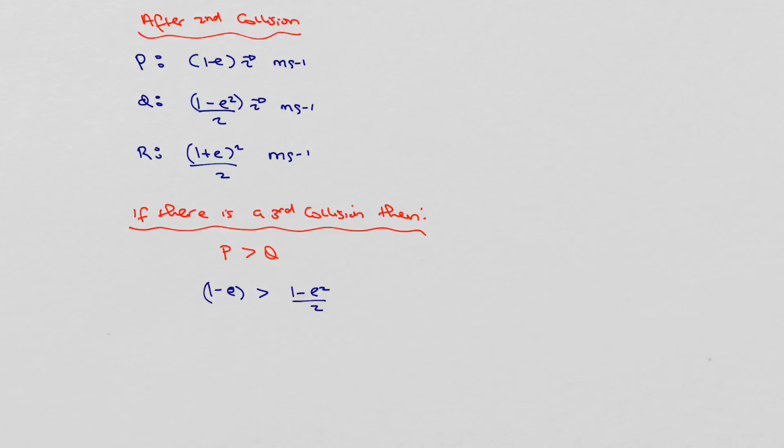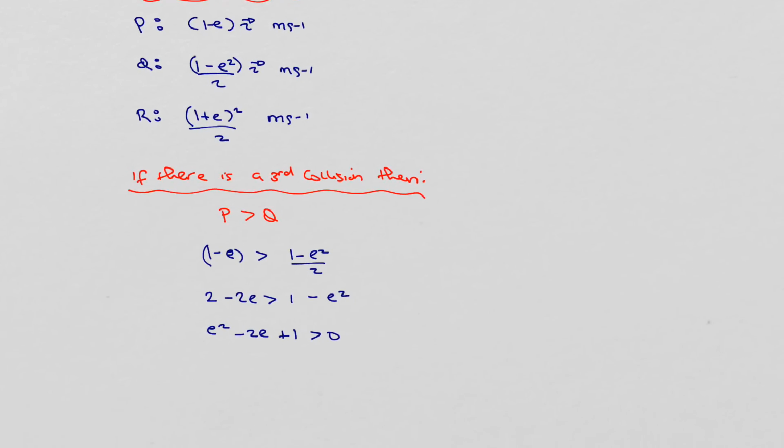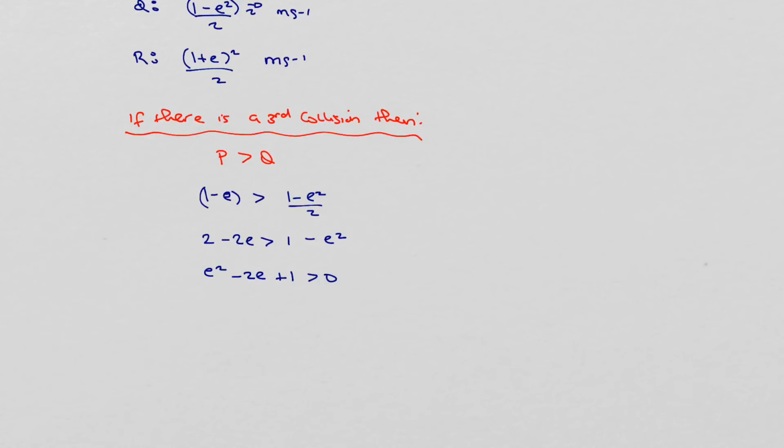And therefore, if I multiply both sides across by 2, that gives me 2 minus 2e is greater than (1 minus e) squared. If I bring everything to one side, that gives me e squared minus 2e plus 1 is greater than 0. And that's a quadratic. So if I solve this quadratic inequality, I'll just do some rough work over here to the side. So we have e squared minus 2e plus 1. Factors that multiply to give 1 and add to give minus 2 must be minus 1 and minus 1.